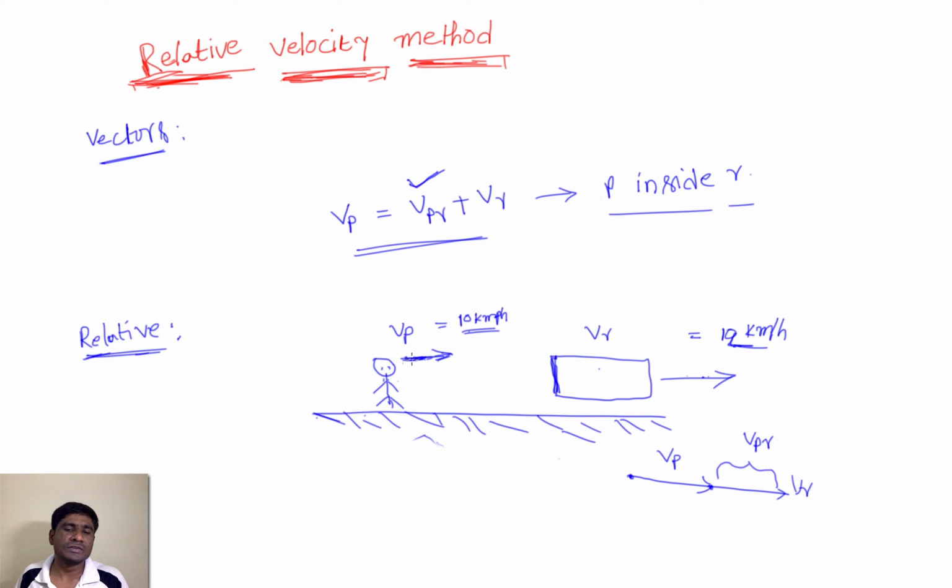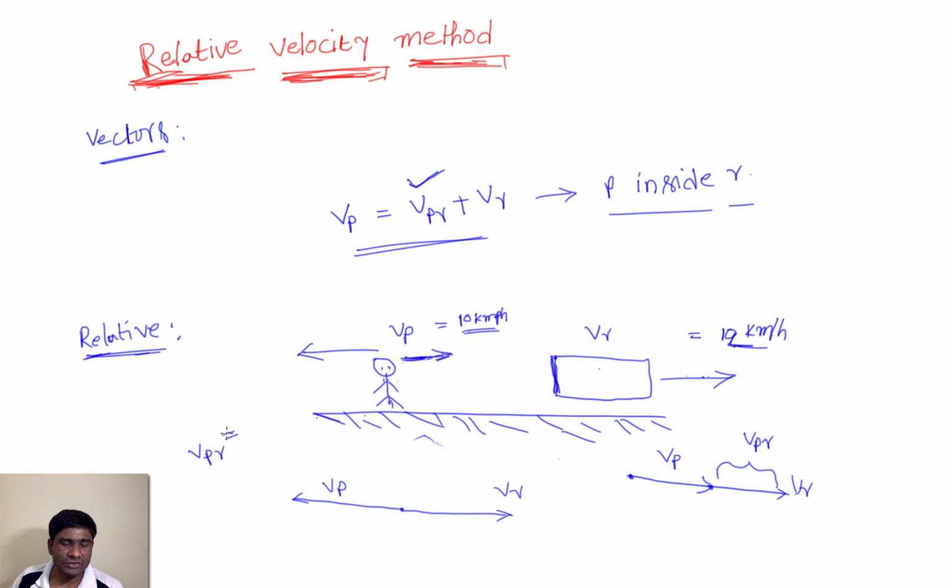For example, if this Vp is moving in the opposite direction, in this direction, then this is a Vr and this is a Vp. So what is the relative velocity between these two? Vpr equals what? Velocity of the P with respect to R. This is moving in this direction and this is moving in the opposite direction.